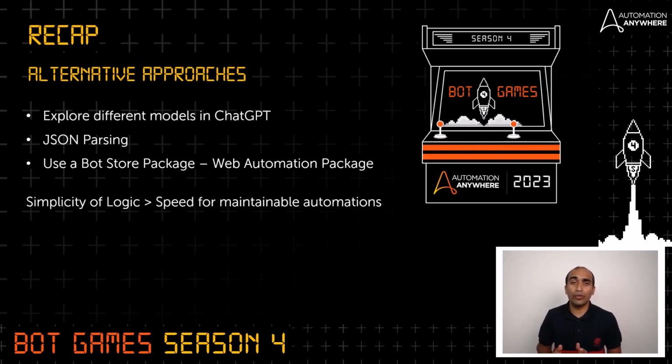The goal is to ensure you build a logic which is simple to understand and maintainable in the long run instead of just going for speed. Speed is definitely required, but that's not the only criterion when you have to execute your automations in the production environment.